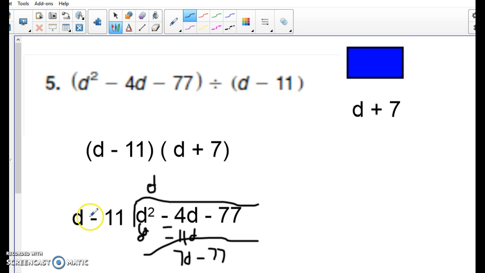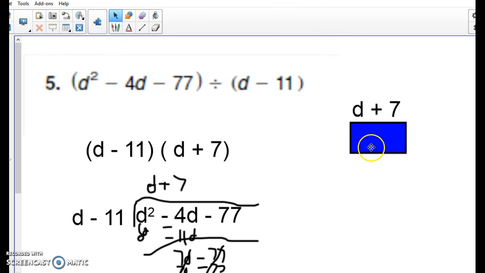And now from d minus 11 to 7d, I need to multiply by 7. So then I end up with 7d, and 11 times 7 is 77. And then they end up crossing out. So I'm done. There's no remainder in a problem like this. Next one we're going to do, there's going to be a remainder, and we'll talk about that in a second. So there's my d plus 7 as my answer.